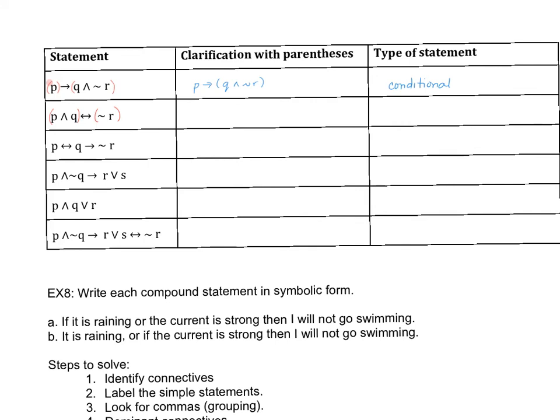On the left-hand side, I have P and Q. Then my biconditional, not R. Not R is just one statement. Remember, a negation is not a connective, so I don't need the parentheses around the not R. And this would be a biconditional.